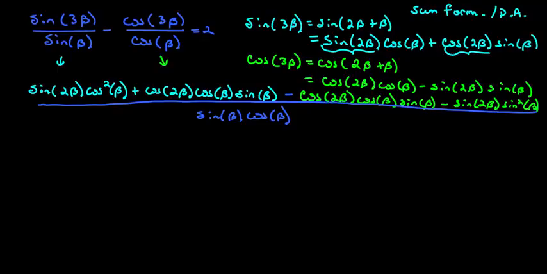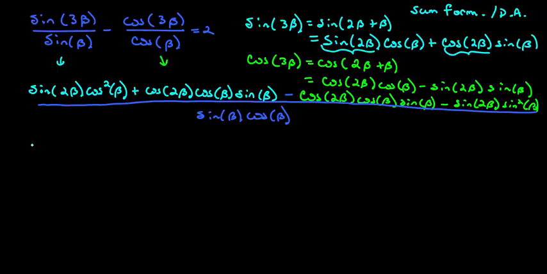Let's pull this one. Okay, so I'm going to try this. So what I'm noticing here is that sine 2 beta cosine squared beta and sine 2 beta sine squared beta, well, they look like they could go together, and I could just factor out some stuff. So I'm going to rewrite this whole thing. I'm going to do it in yellow here now. It's going to look like this.